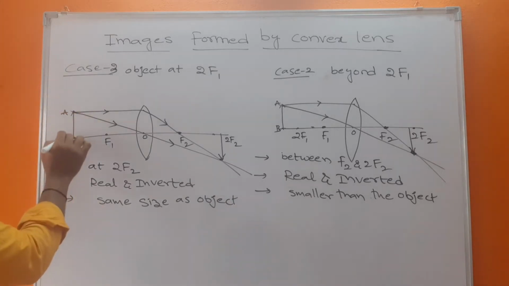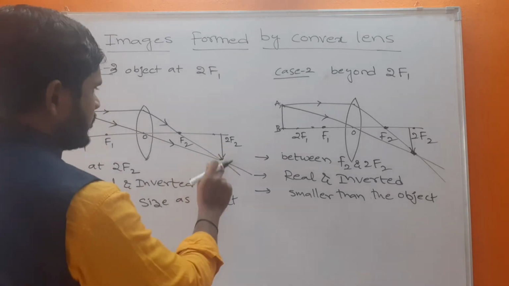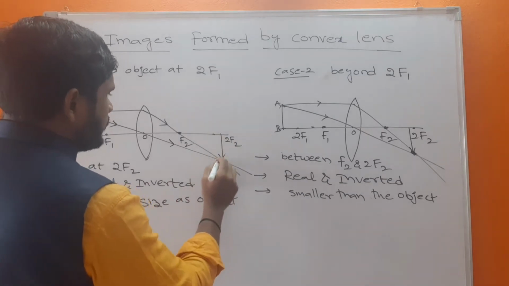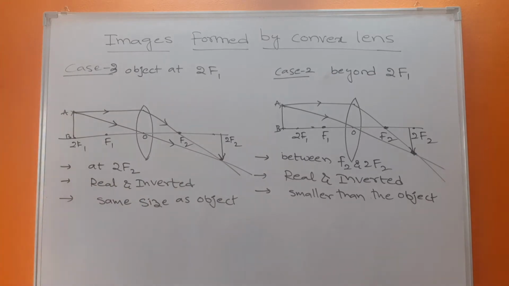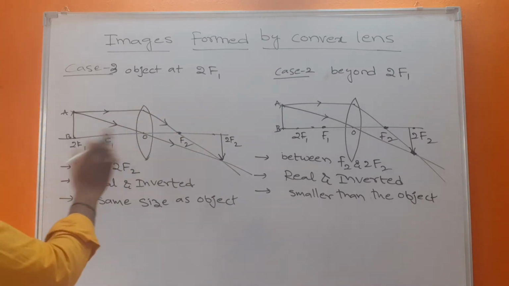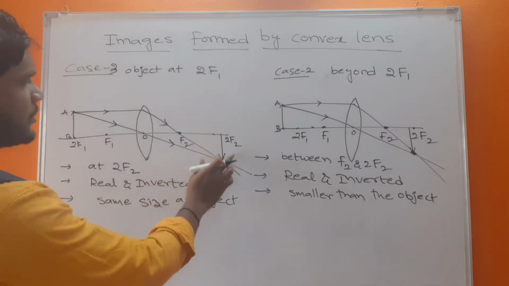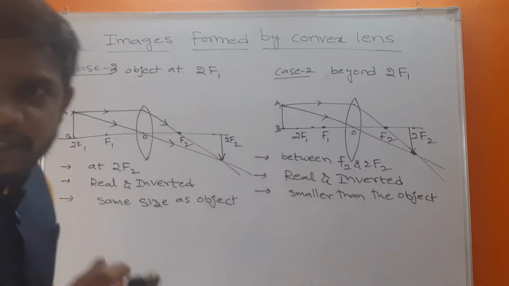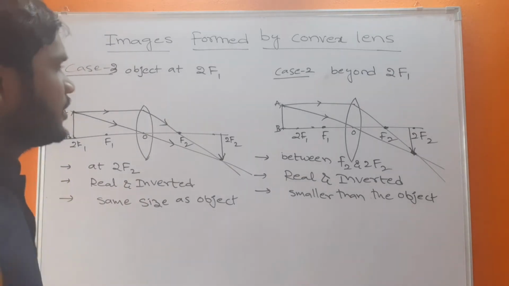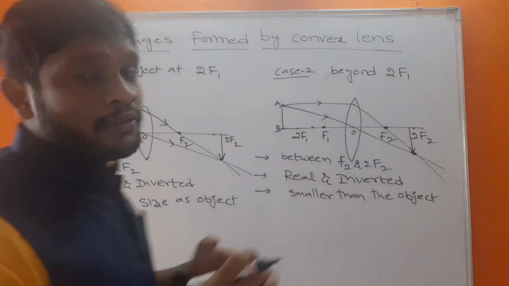So this is the position, nature and size of the image. We can see the inverted image. So in the third case, we place the object at 2f1. When the object is placed at 2f1, the image is formed at 2f2, and it is real, inverted, and the same size as the object. Now let's go on to the fourth case.